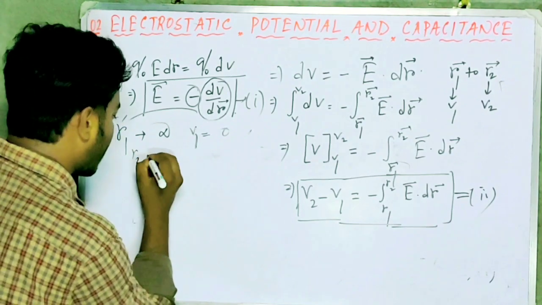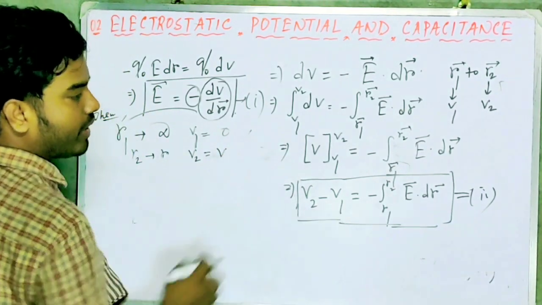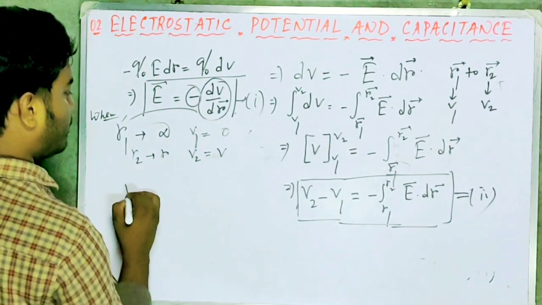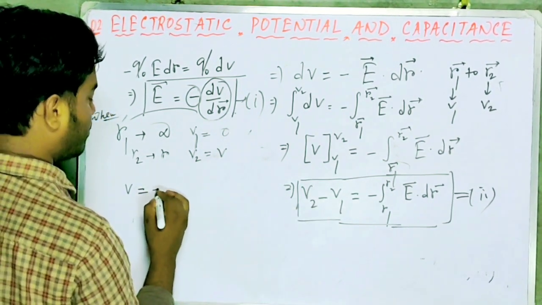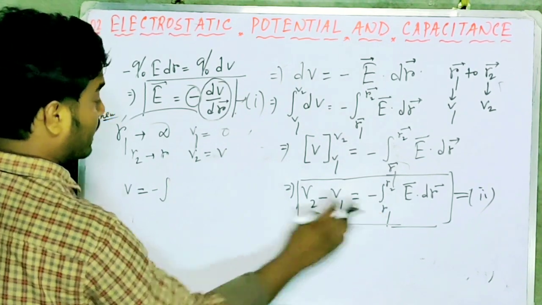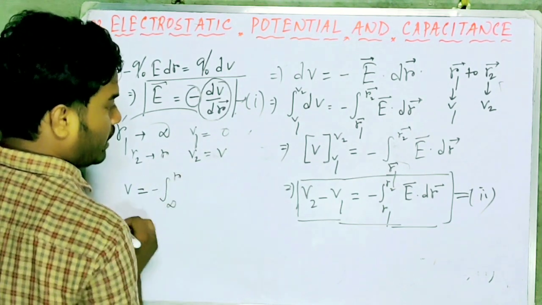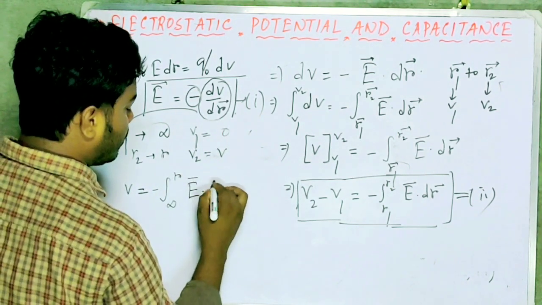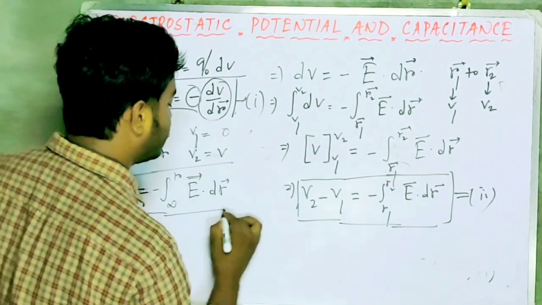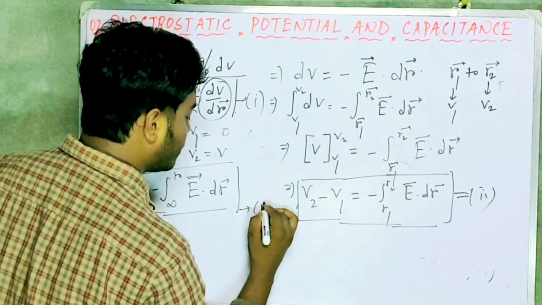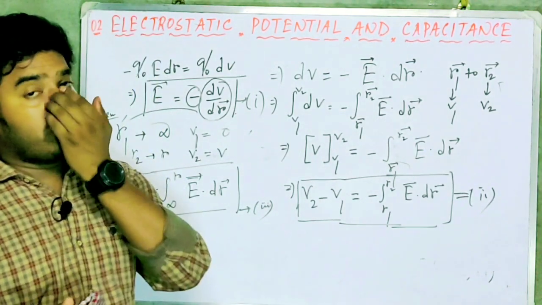And we consider R2 equal to R, with the corresponding potential V2 equal to V. Then simplify equation 2. So V is equal to minus the integral from infinity to R of E vector dot dr vector, since V1 is 0. Clear? So this is another form. This is equation 3.